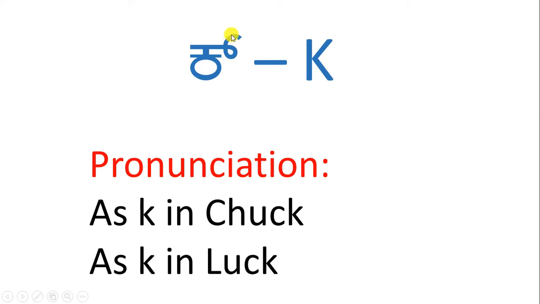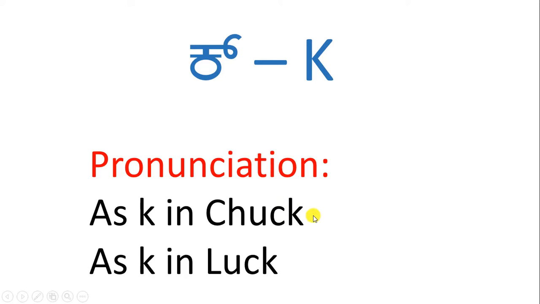Starting with this, the first root consonant is k. We pronounce this root consonant k as the k in Chak. When this k is along with Chuc, it is easy to pronounce.